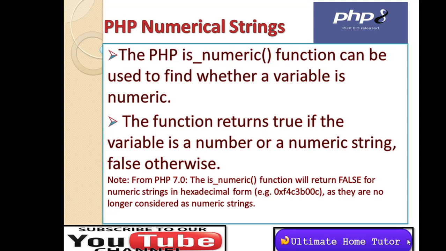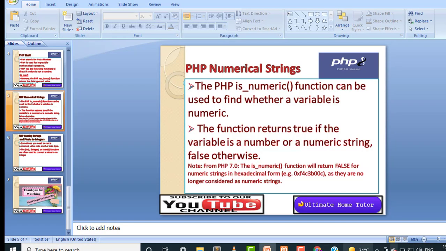So we'll check with var_dump again, and check the value with the is_numeric function. Okay, so we will get an idea of what the use of the is_numeric function is: it can be used to check whether a variable is numeric or not.